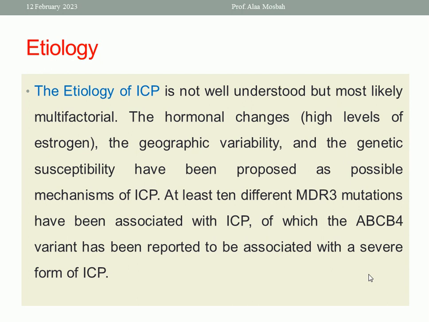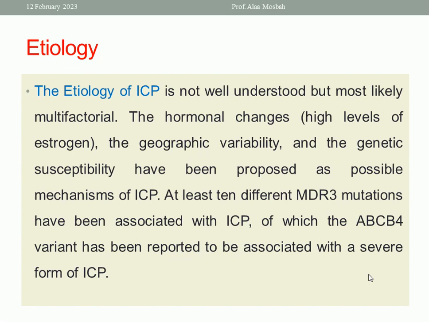What about the etiology? Is the etiology well known or not? Really, the etiology of intrahepatic cholestasis is not well understood, but most likely it is multifactorial.